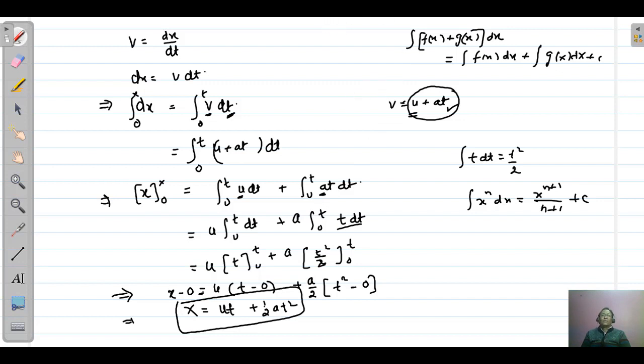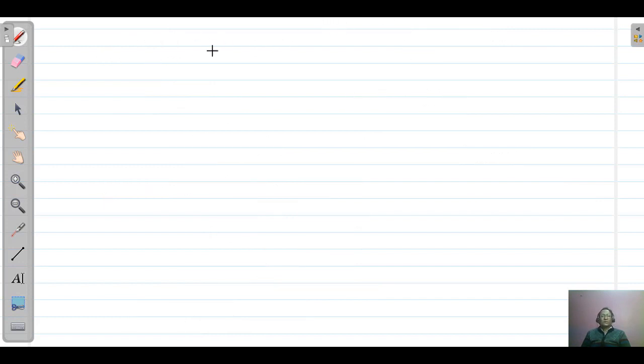Similarly, we can derive our third equation of motion. Our third equation of motion is v square = u square + 2ax. That means it is a relation between v and x, where u is the initial velocity and a is the acceleration. These are constant. So in differential form, we have to relate v and x. We know v = dx/dt and a = dv/dt.